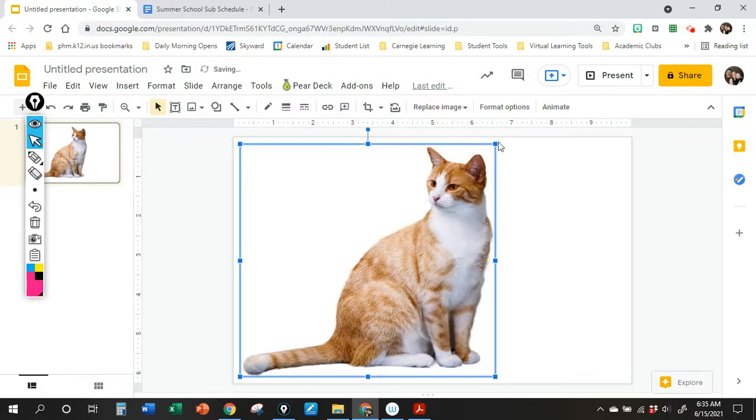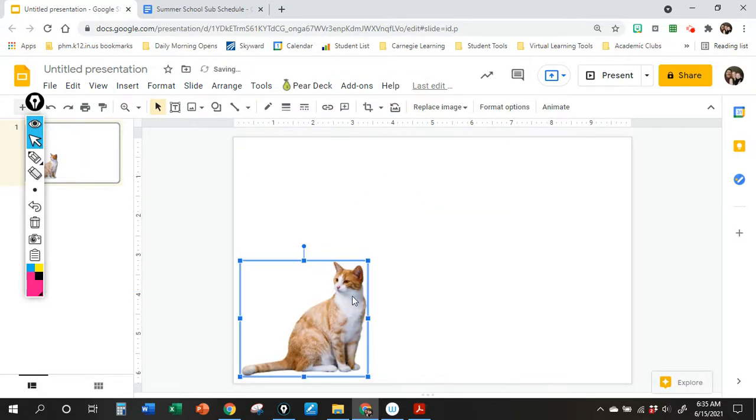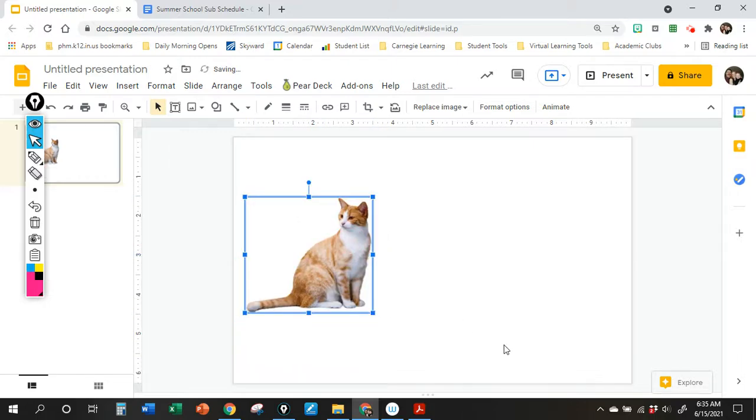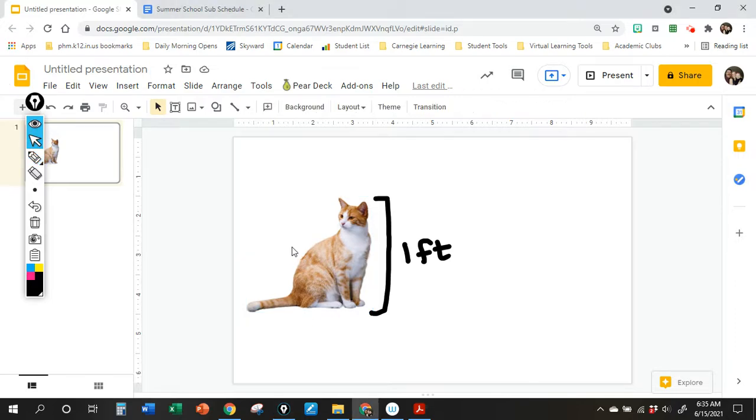All right. I know a lot of you guys have cats. Okay, so here's our real life cat. A real life cat, let's say that when a cat's sitting, they're not super tall, right? Let's say that this cat is 1 foot tall. Okay, so there's my cat. When it's sitting, it is 1 foot tall.